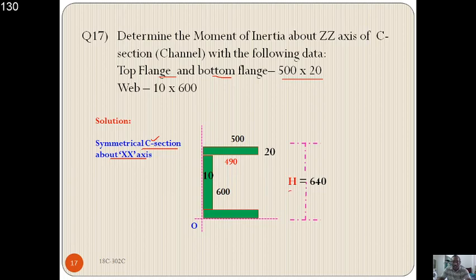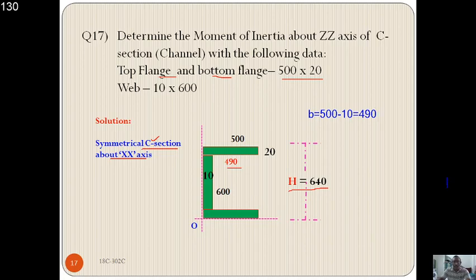Hence calculate the capital H and small b. That small b will be 490, because 500 minus 10, the thickness of the web, gives 490.